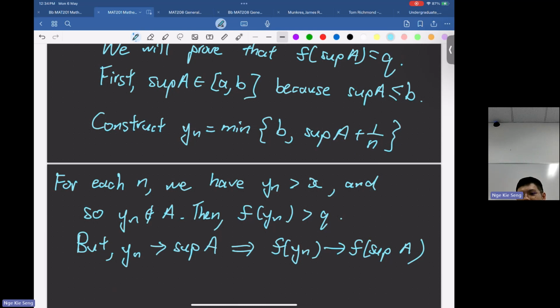Is it enough to say that this is equal to Q or not? If you have a sequence which is always greater than Q, if it converges, where should it converge?